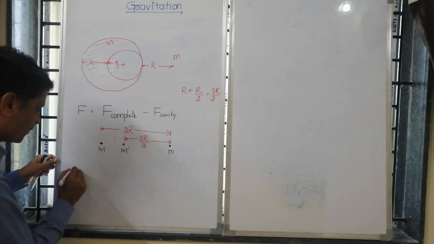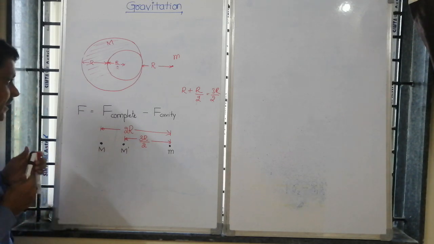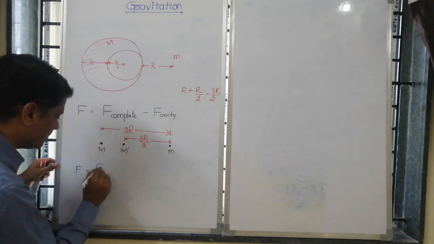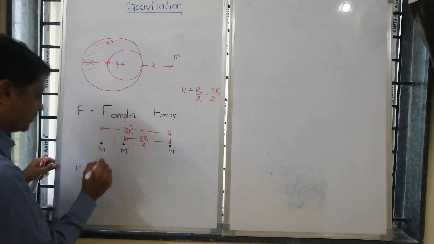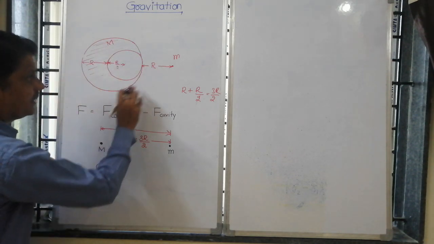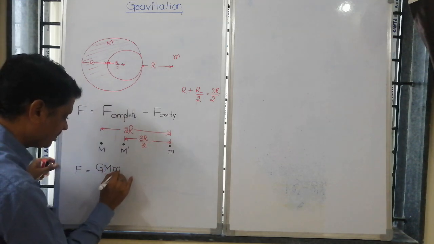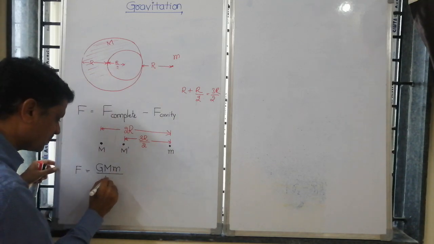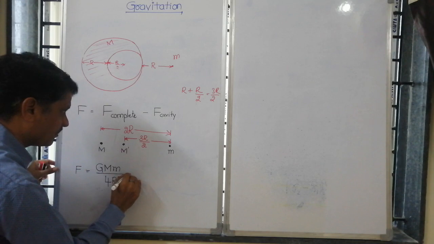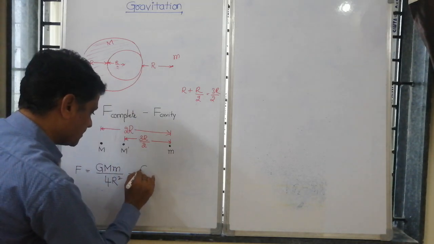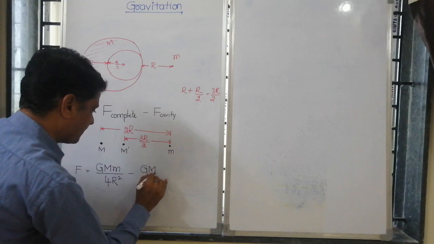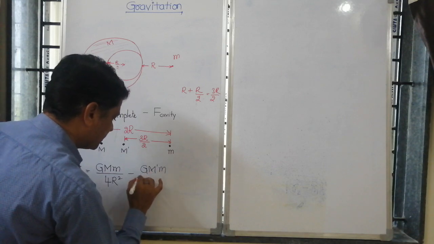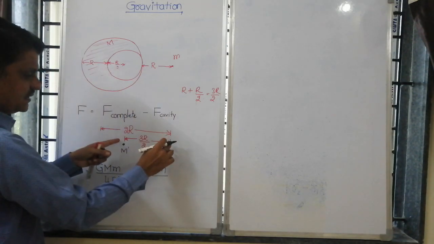To write the force, we can write like this: F is equal to capital G, the complete mass capital M into small m, divided by distance square, which is 2r whole square, 4r square, minus, due to the cavity, capital G, mass of the cavity m dash into small m, divided by this distance 3r by 2 whole square.